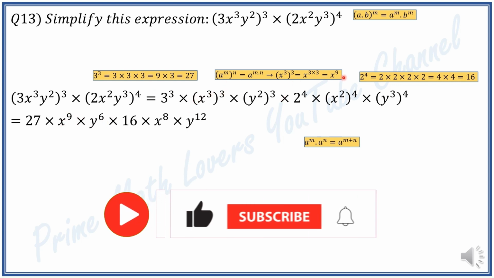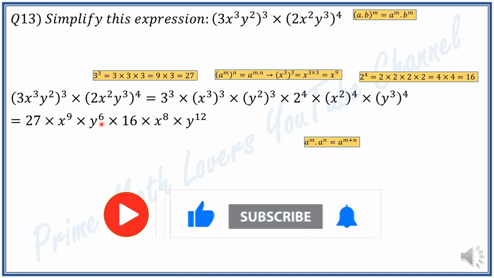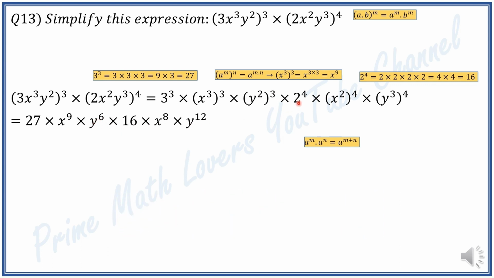We calculate it here. y to the power of 2 to the power of 3 is y to the power of 2 times 3, or y to the power of 6. 2 to the power of 4 is 16. x to the power of 2 to the power of 4 is x to the power of 2 times 4, and will be x to the power of 8. And y to the power of 3 to the power of 4 is y to the power of 12, because 3 times 4 will be 12.